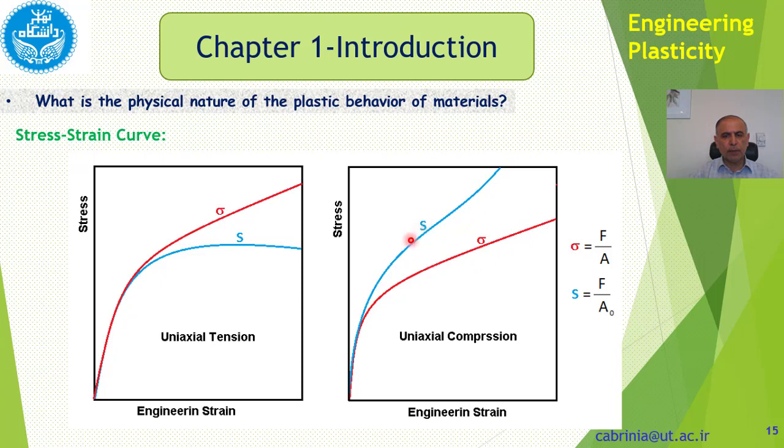Also for the engineering strain and stress, the behavior is completely reversed, because in tension the original cross-section is much larger than the current cross-section, while here it is completely opposite. Here the original cross-section is smaller than the current cross-section. So that's why we see the differences in the behavior.